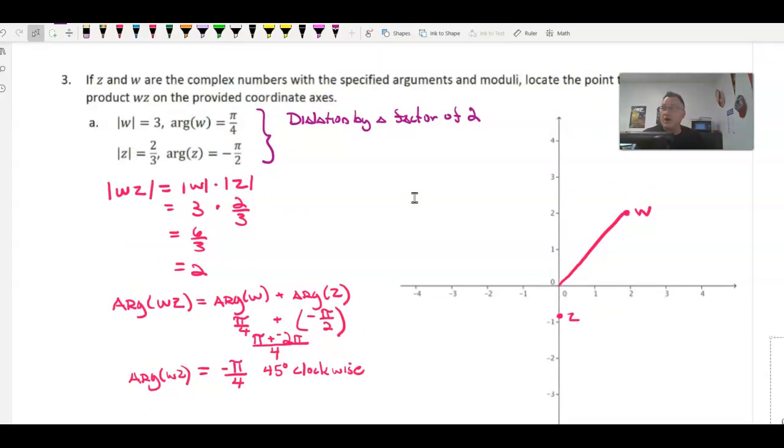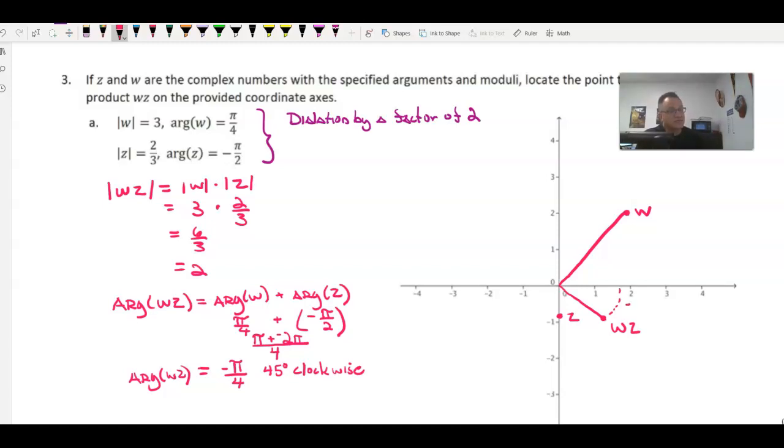Okay, so now you can draw WZ. Okay, WZ is going to go this direction, 45 degrees or negative pi/4, and it's going to have a length of 2. So it's going to look something like this. That's going to be W times Z. Okay, this right here, that's the rotation right there.